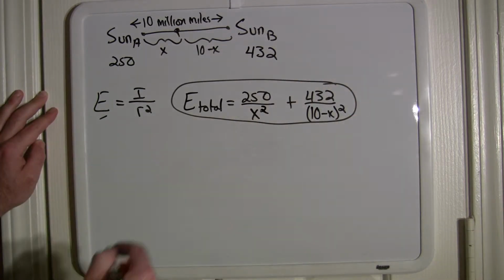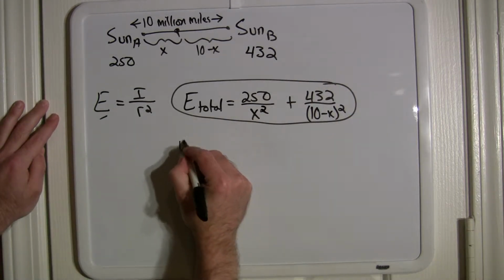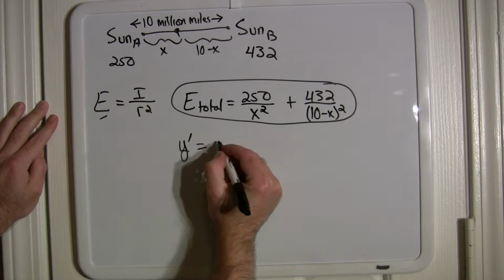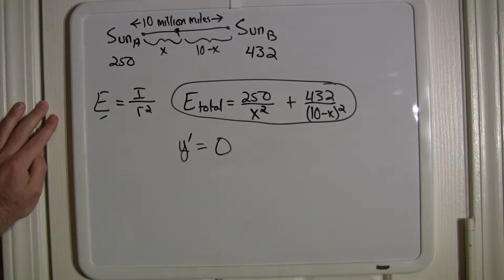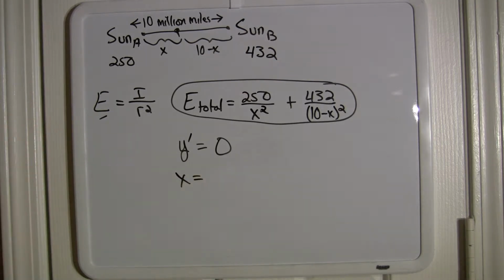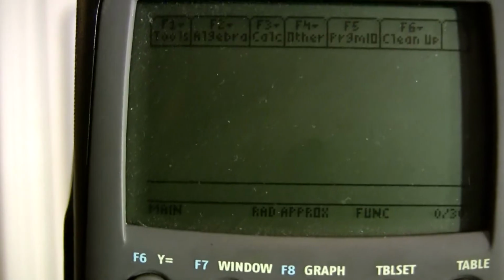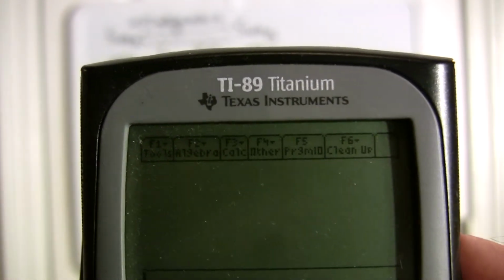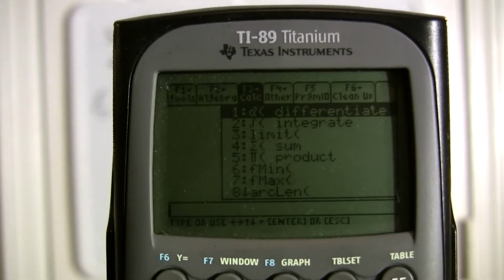What we'll do with this formula is set it equal to y, and then take the derivative of it, set the derivative equal to 0, and find out what the x value is when y prime equals 0. We will do this the quick and easy way by taking the derivative of the formula with our calculator.